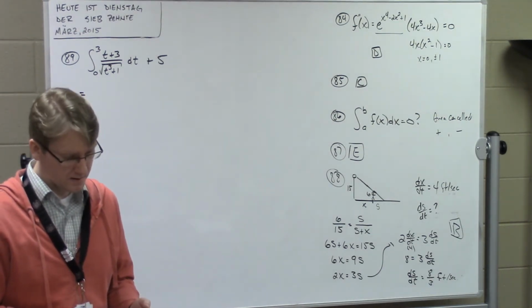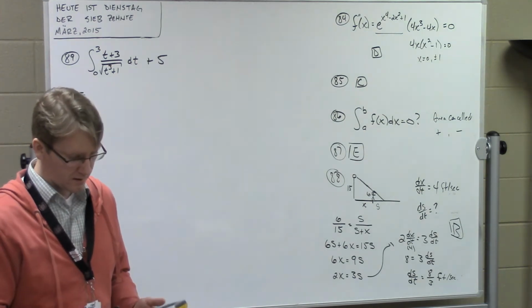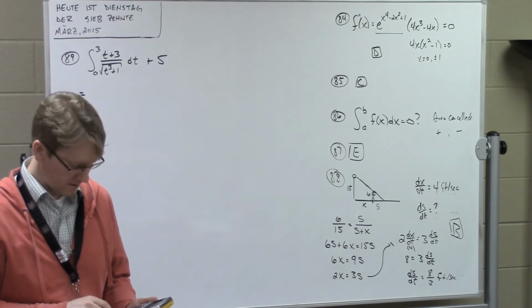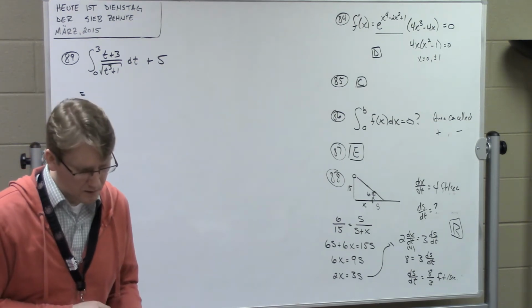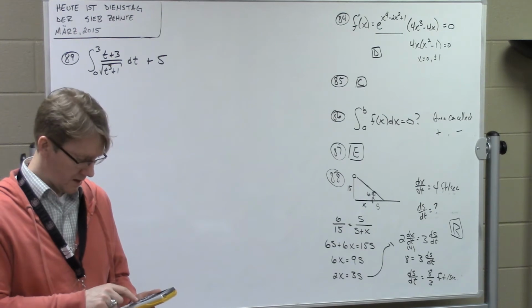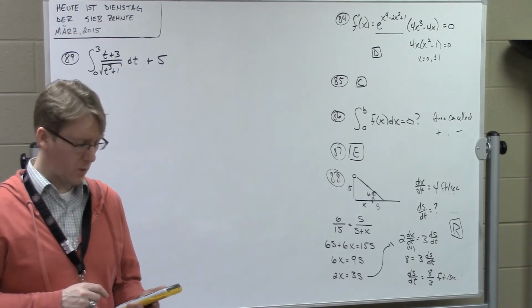Math 9, going from 0 to 3 of x plus 3 divided by the square root of x cubed plus 1 dx, and I get 6.710.